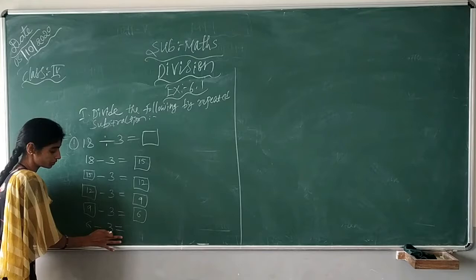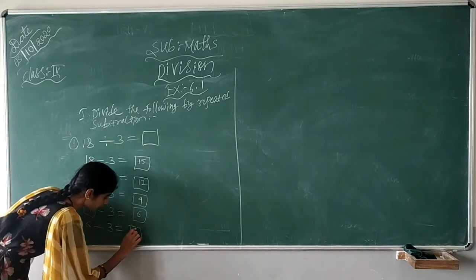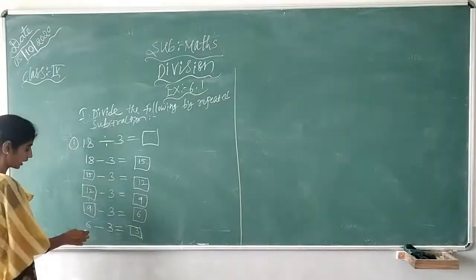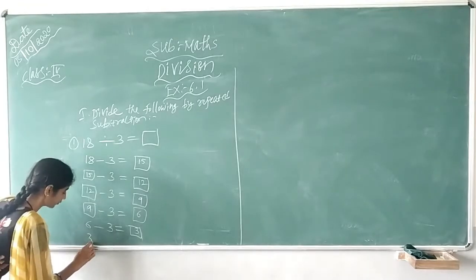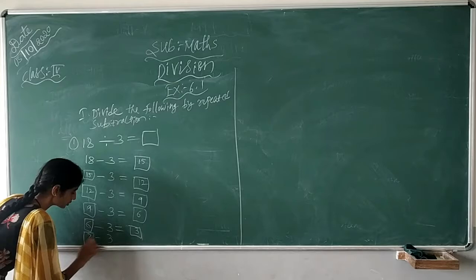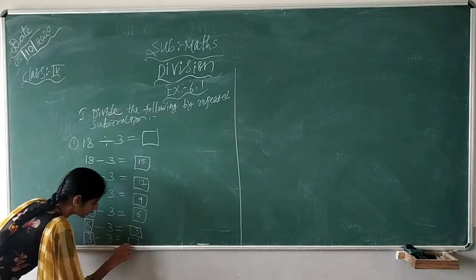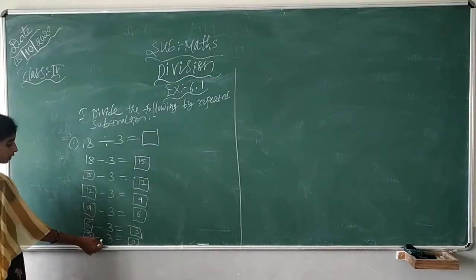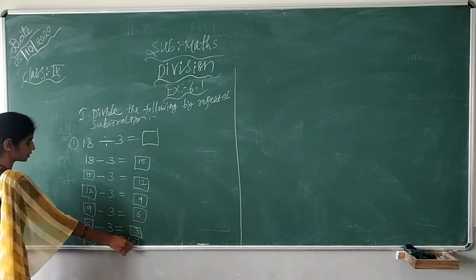Again you read 3 books, and now you are left with 3 books. And in the last step, you are left with 3. Again you read 3. Yes or no, children? So now how many books are left with you? 0. 3 minus 3 will be 0.